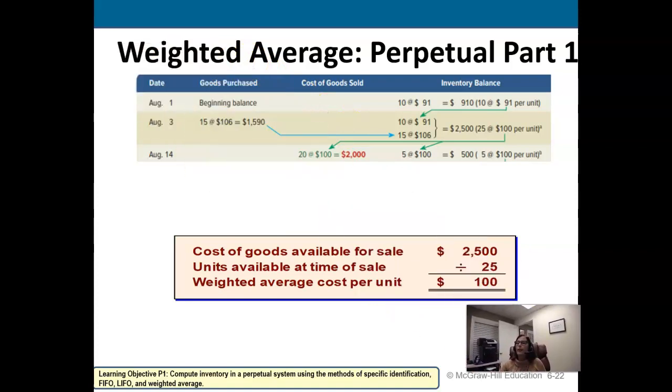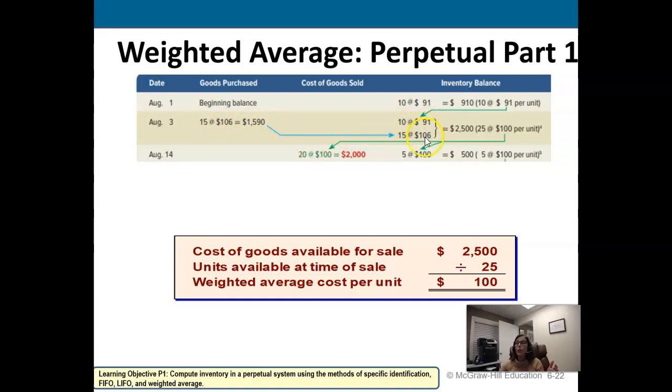So this gets a little bit more complicated because we've got our beginning balance, and if all we did was sell out of that, then we would have no other cost to average in, but we actually bought some items before we made our August 14th sale, so now we need to take a weighted average.